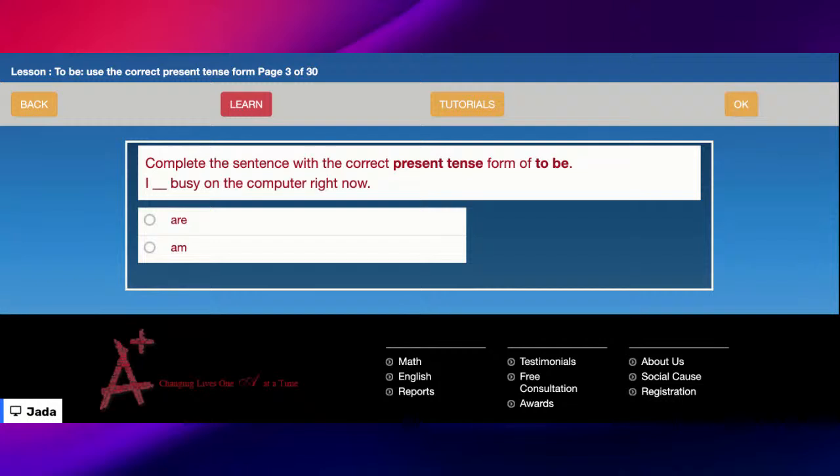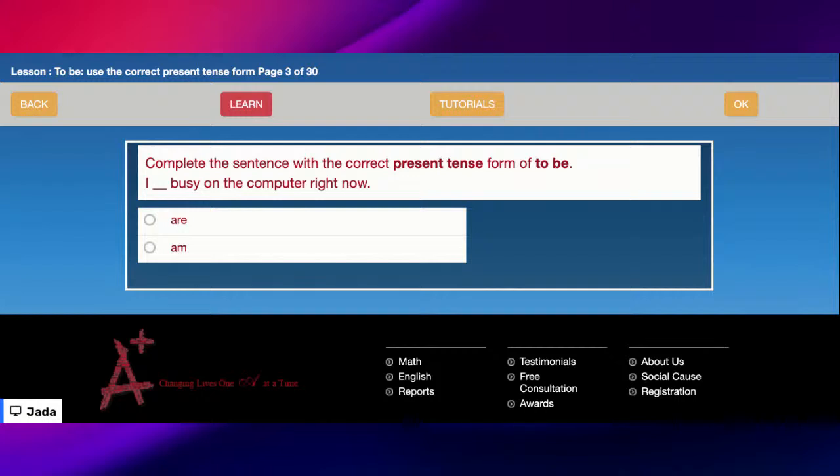I dash busy on the computer right now. What's the right one here? What's the right answer here?